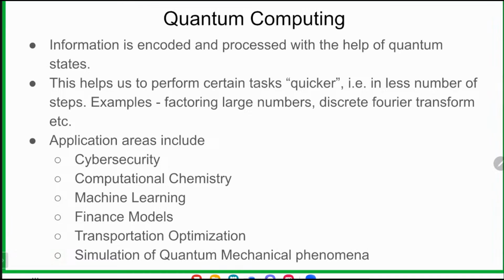And this is something which actually Richard Feynman had predicted back in the day. He said that since nature is fundamentally quantum, if you want to simulate nature, the simulator has to be quantum mechanical as well. So a lot of quantum mechanical phenomena we cannot simulate today on a classical computer.